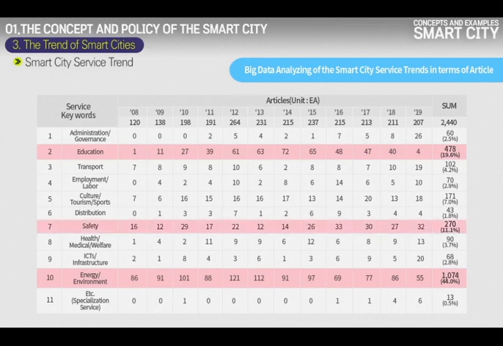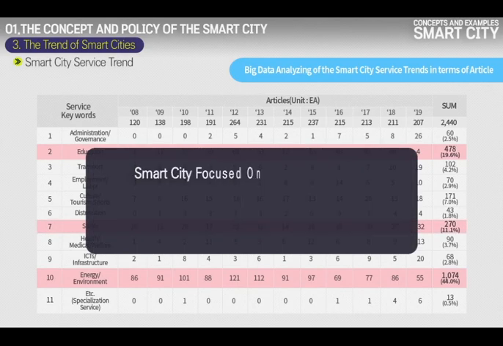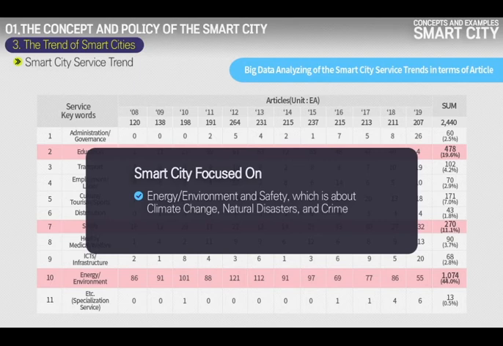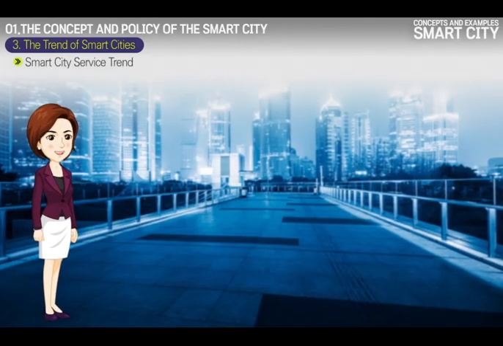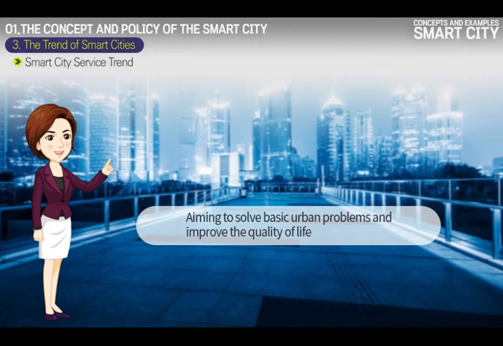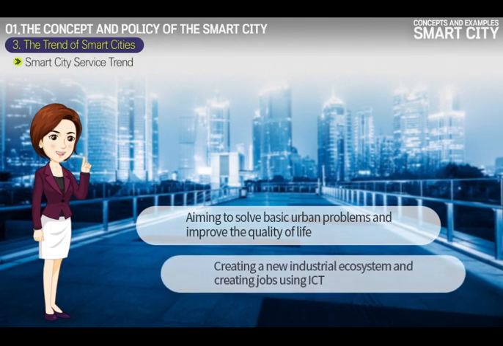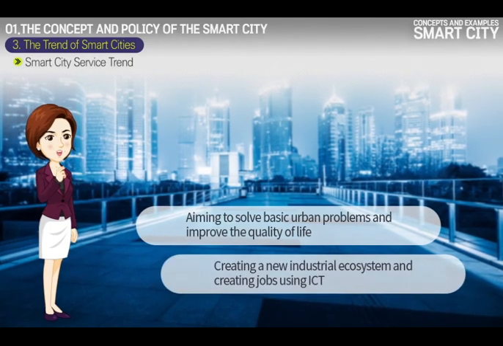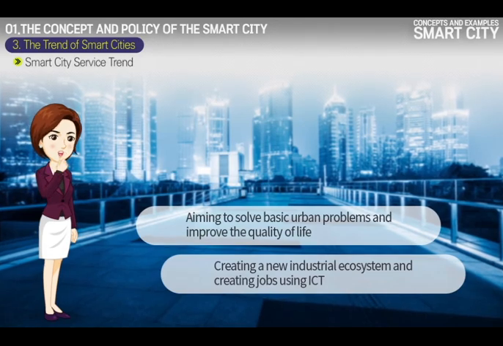Based on these results, smart city services are focused on energy, environment, and safety, which are about climate change, natural disasters, and crime, and on education, which aims to improve the quality of life. When combining the trends of smart cities, it aims to solve basic urban problems and improve the quality of life, and focuses on creating a new industrial ecosystem and creating jobs using ICT.